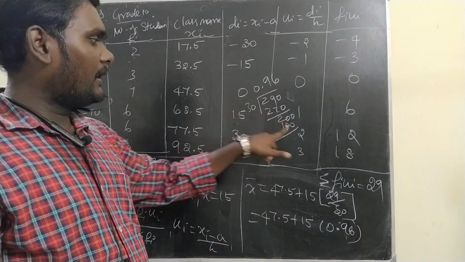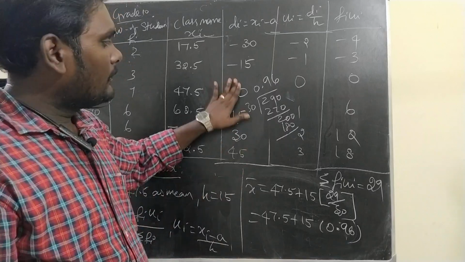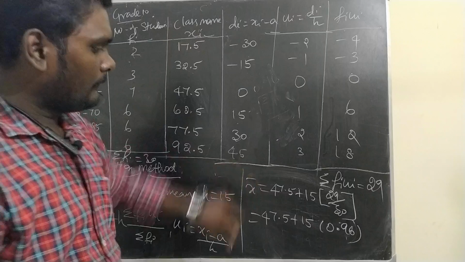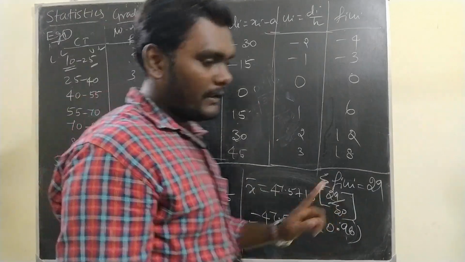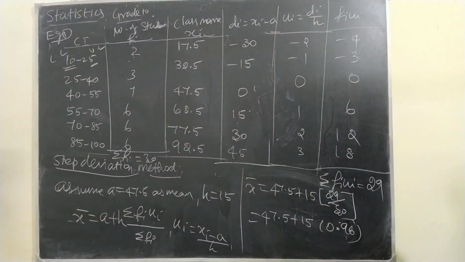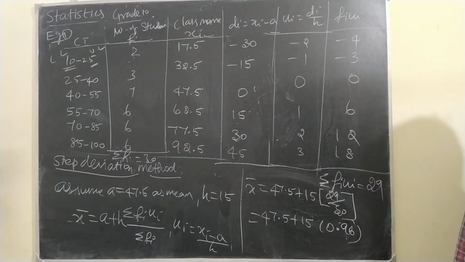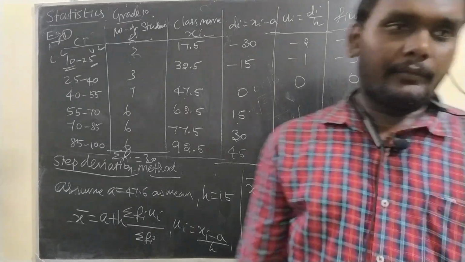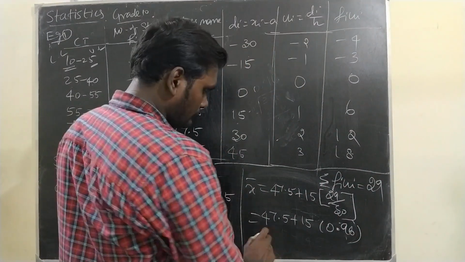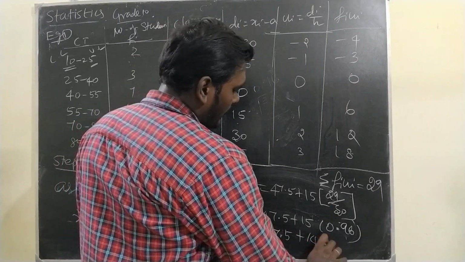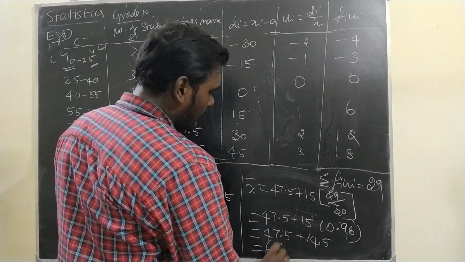Now 15 into 0.96, how much? It comes to around 14.5. Plus 14.5, we have the answer as 62.